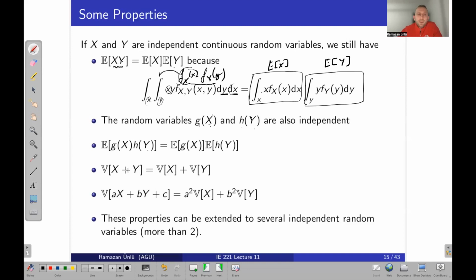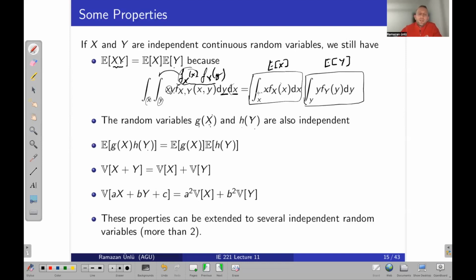And similar to the discrete case, the variance of X plus Y will be equal to the variance of X plus the variance of Y. Okay. And the variance of a linear combination of these random variables is the same as the discrete one, which is that the variance of AX plus BY plus C will be equal to A squared times the variance of X plus B squared times the variance of Y. So these are the same, okay?